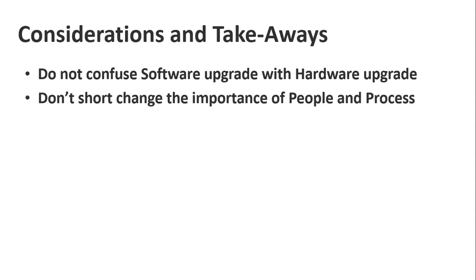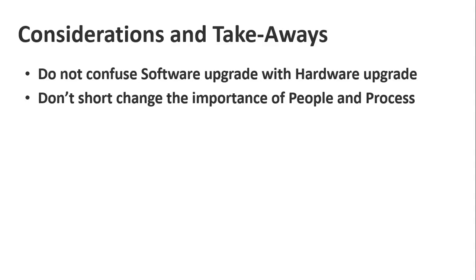It's important to also keep in mind, do not shortchange the importance of the people process of the equation. When looking at these hardware upgrades, you want to make sure that as you do these types of operations, there is a change process that you shouldn't be circumventing, right? There should be a plan that's put in place around this.